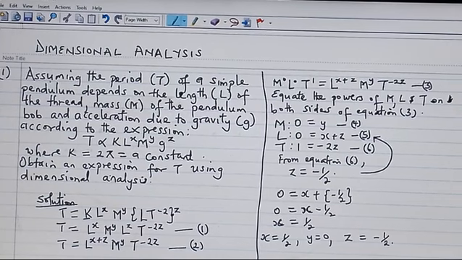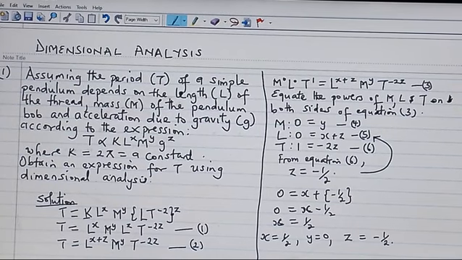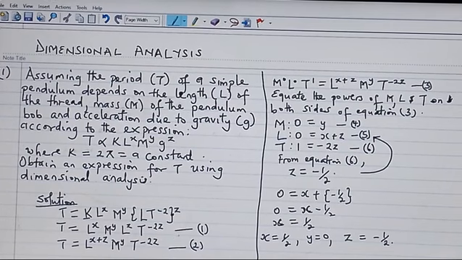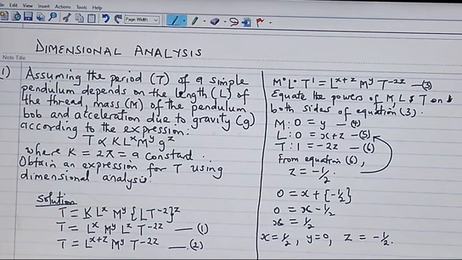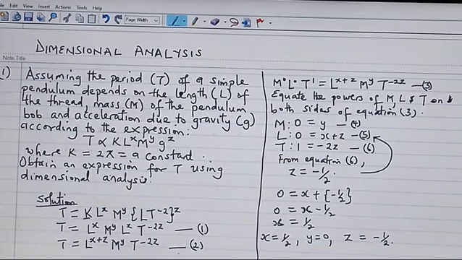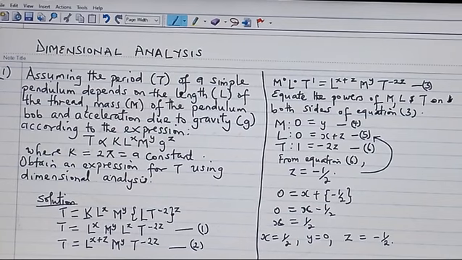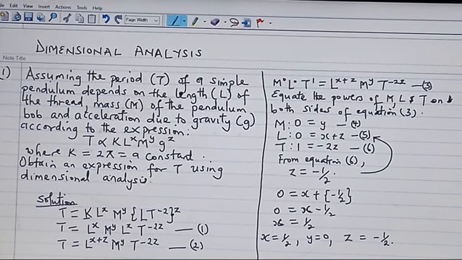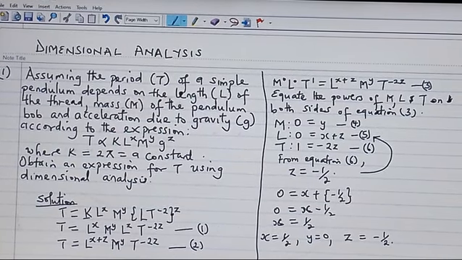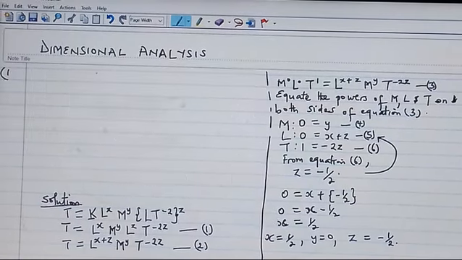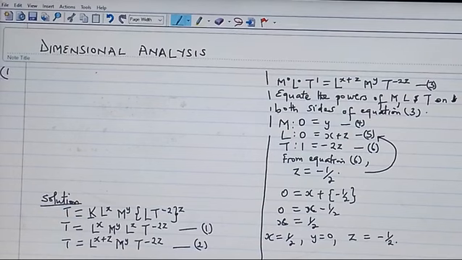Now, the next step to take, we are going to substitute these values into equation 1. Oh, sorry, let's use equation 2. So we are going to substitute these values into equation 2 as follows. So I'm going to wipe out the question, then continue solving. So let's continue.